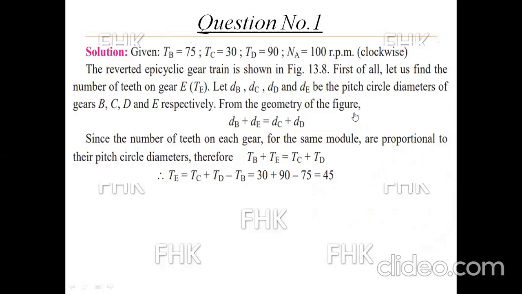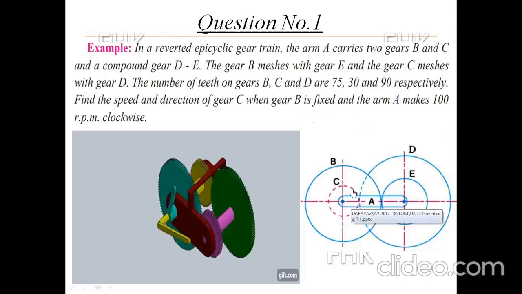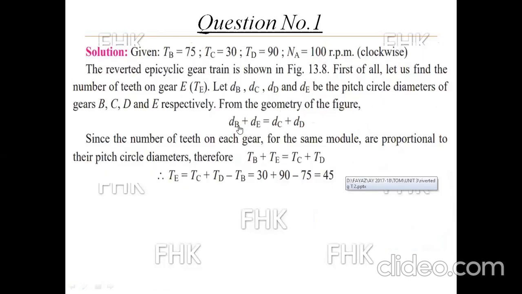So from the geometry, I can write the statement: dB plus dE is equal to dC plus dD. How?